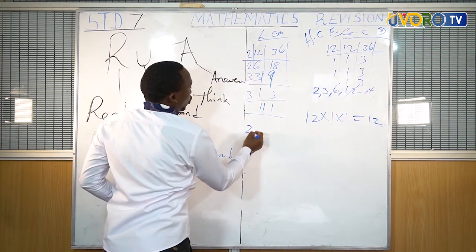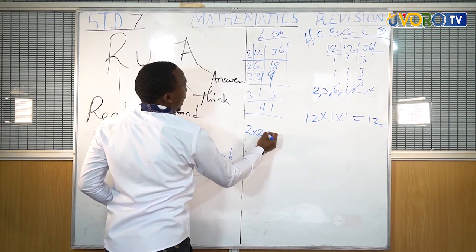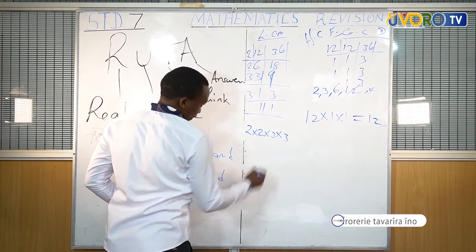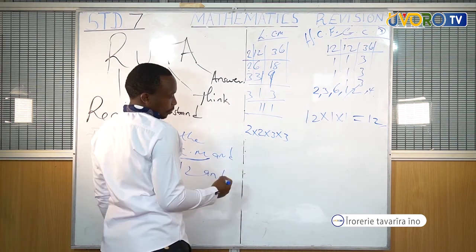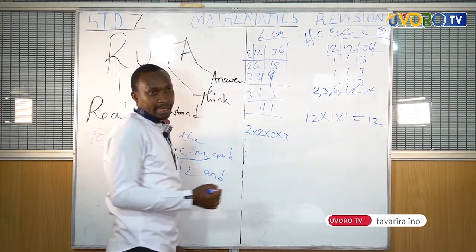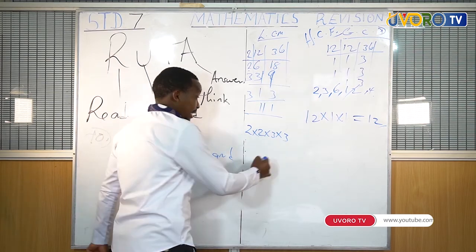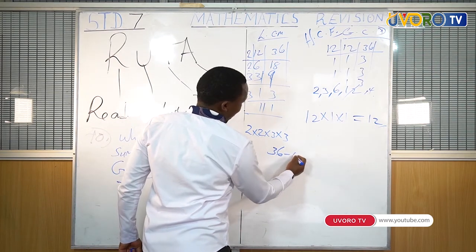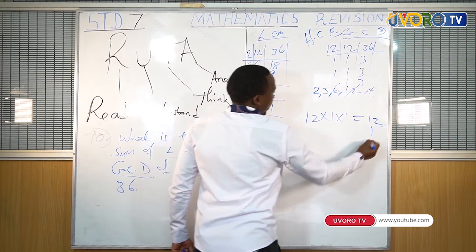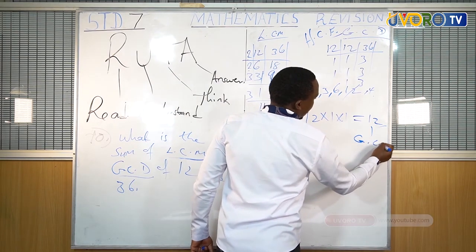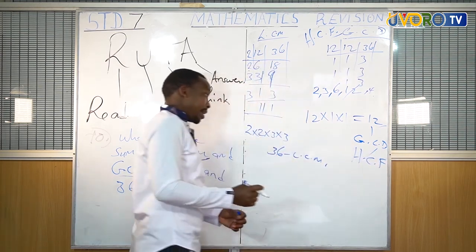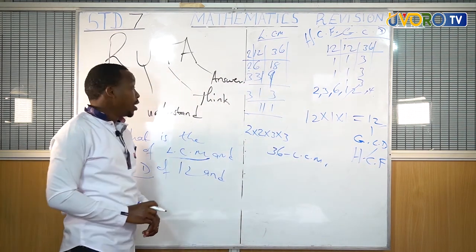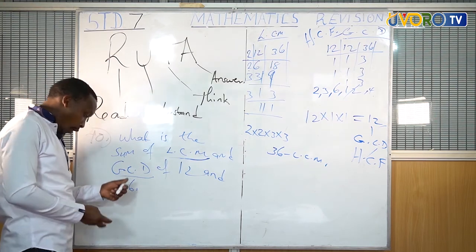LCM: 2 times 2 times 3 times 3 times nothing. 2 times 2 is 4. 4 times 3 is 12. 12 times 3 is 36. So LCM is 36 and GCD or HCF is 12. Now, we are told T for thinking.